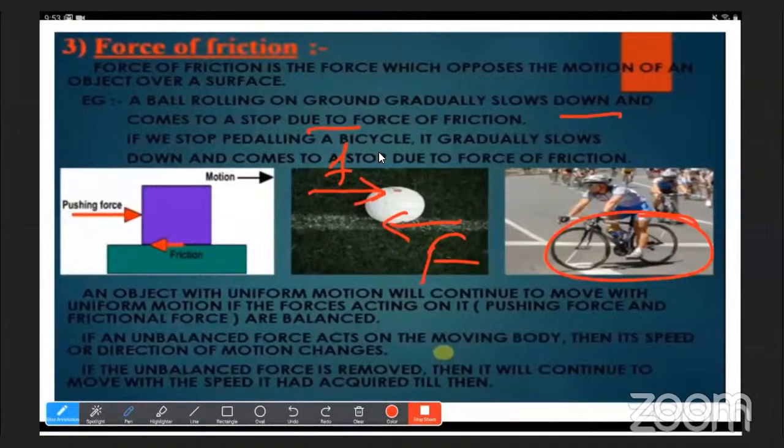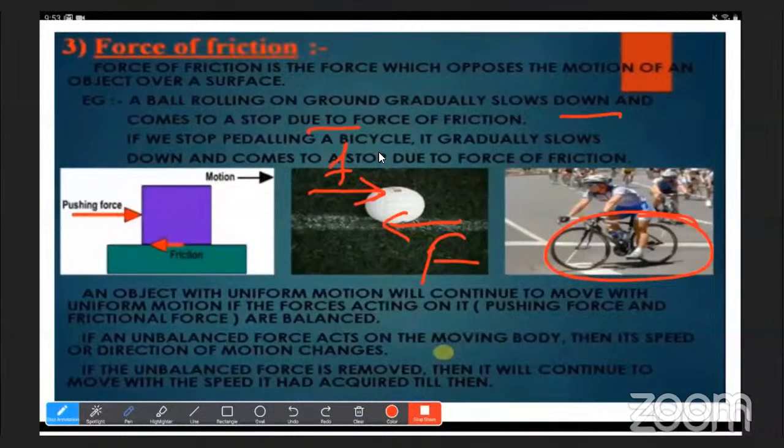An object with uniform motion will continue to move with uniform motion if the forces acting on it are balanced. Forces here means the pushing force and the frictional force. Here these are balanced. So if an unbalanced force acts on the moving body, then its speed or direction of motion changes.